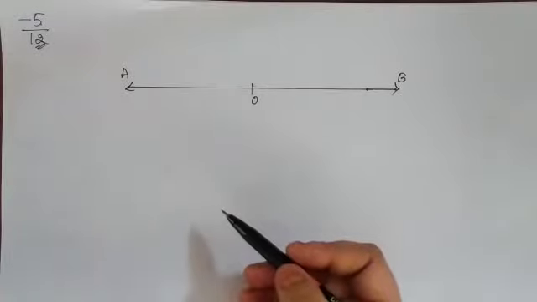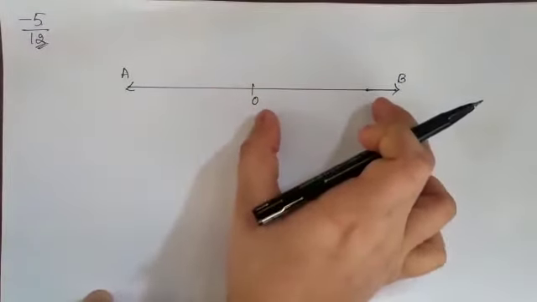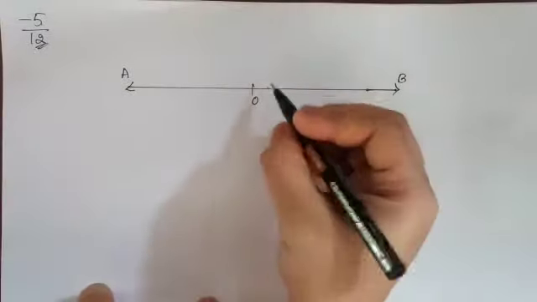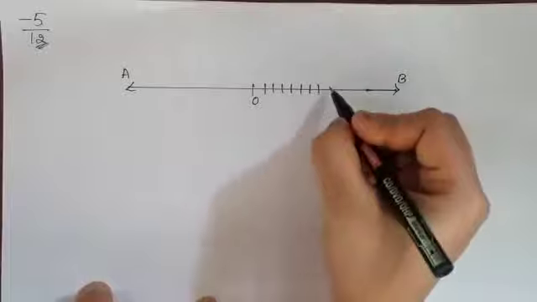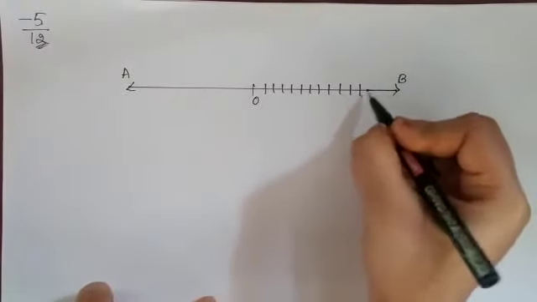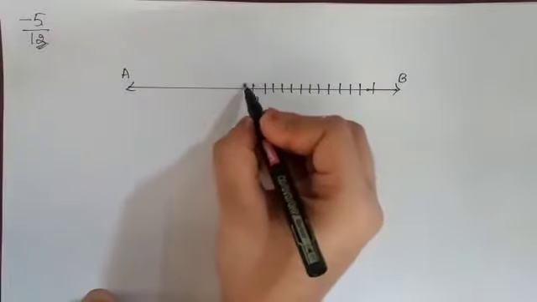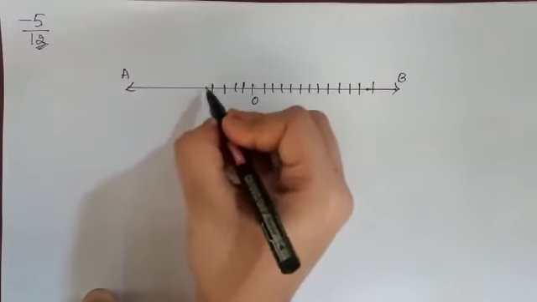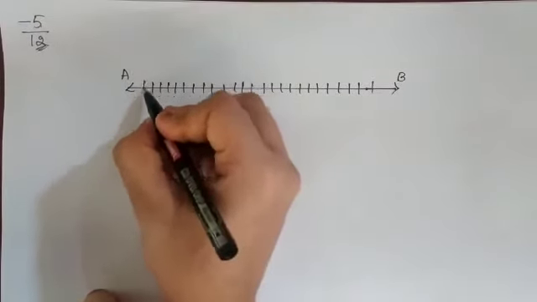The denominator is 12. 12 means I have to divide this part into 12 lines. So that means 1, 2, 3, 4, 5, 6, 7, 8, 9, 10, 11, 12 here. Similarly on the negative side also, 1, 2, 3, up to 12 here.